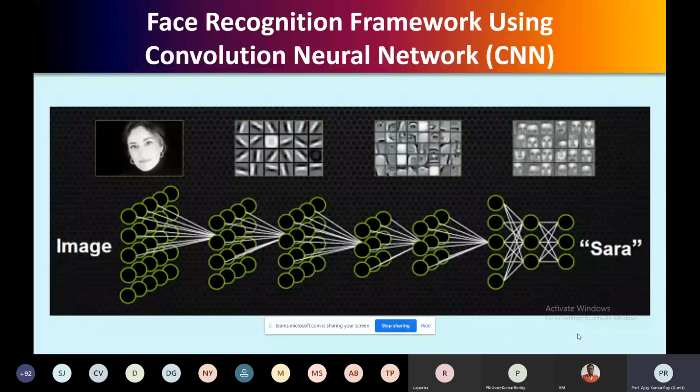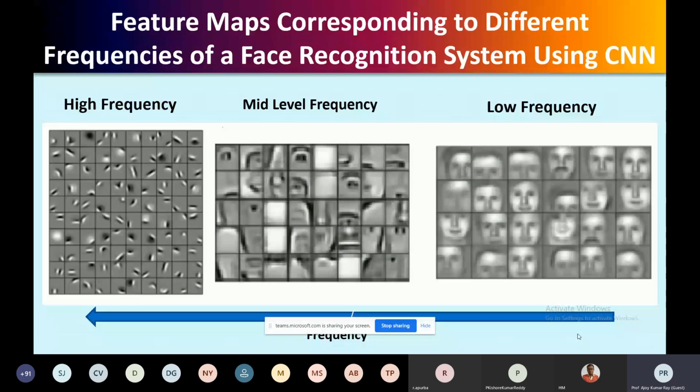In the second layer, some of the things are very well understood. And in the third layer, you can see how the entire face has been captured. Initially you find the high frequency, that is the edge detector, where only edges and blobs are found. Then in the middle layer you do mid frequency filtering, and finally low frequency filtering. So you can see how gradually you are extracting the features.